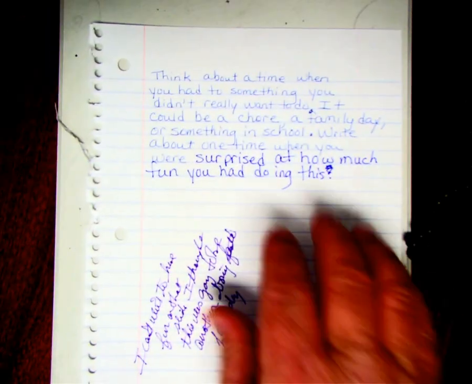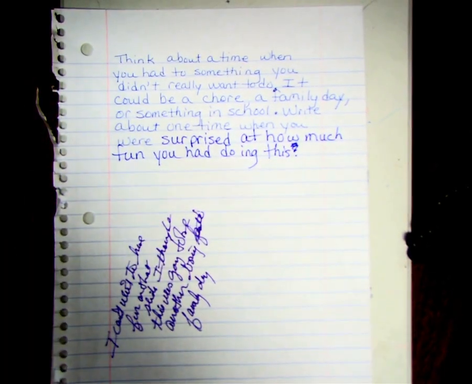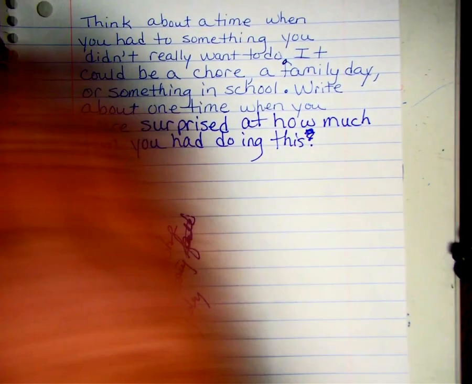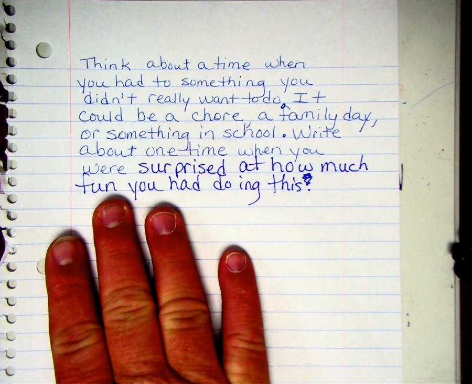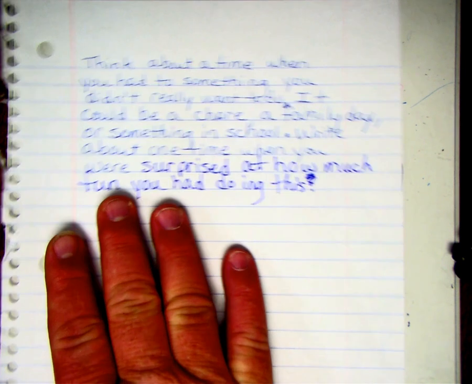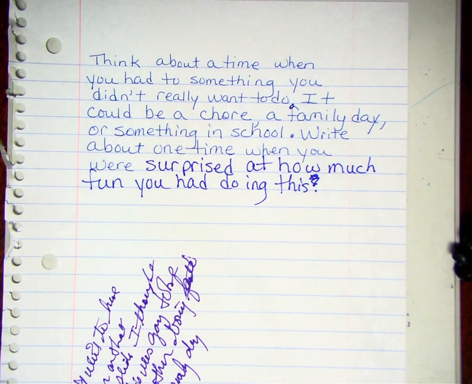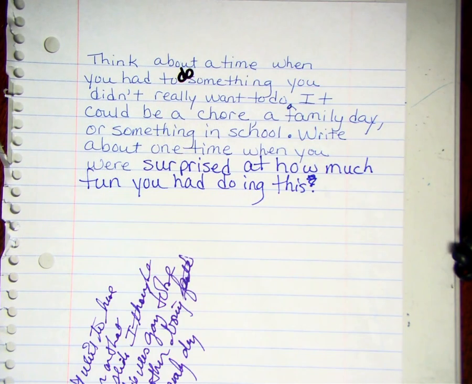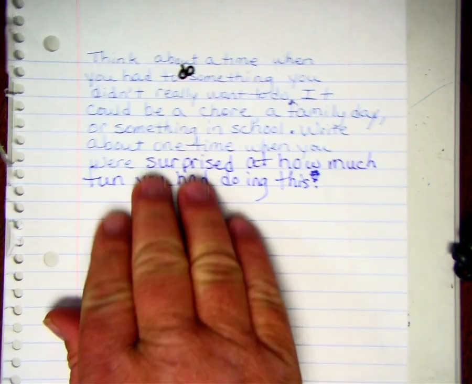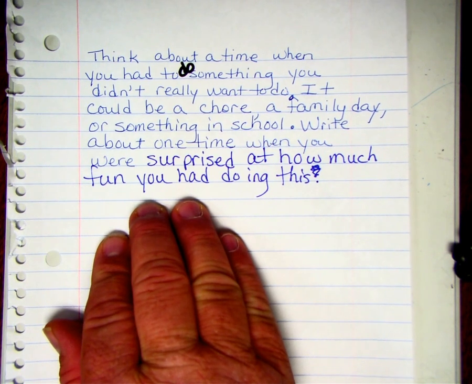Our writing prompt, it's a little messy. I wrote this really quick. For this week, this is some little notes. Think about a time when you had to do something. Let me change this real quick. I was rushing. Think about a time when you had to do something, editing and revising right there, something you didn't really want to do.